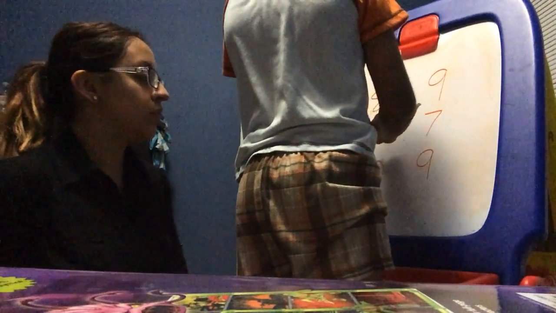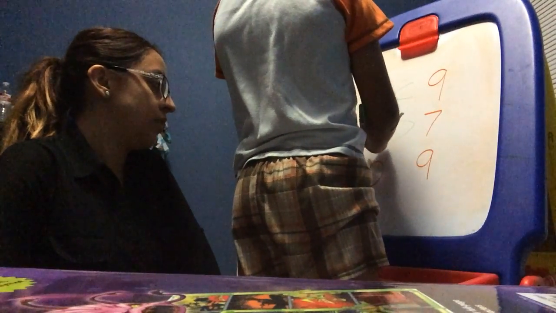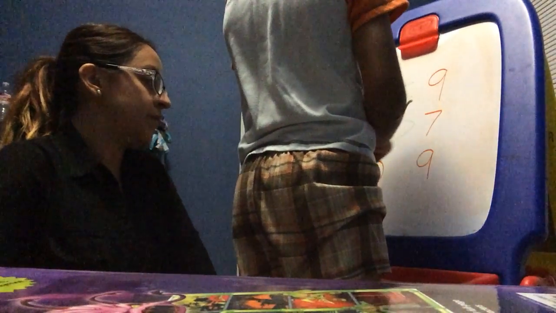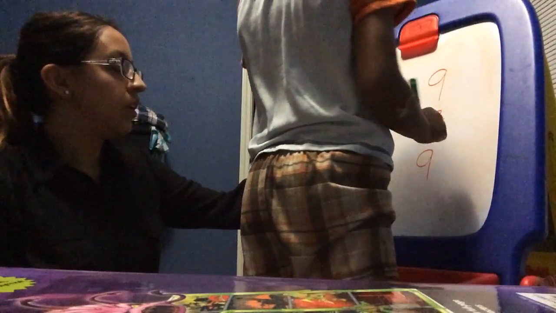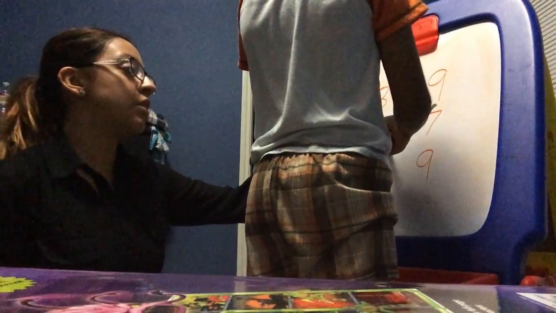Good job. Now do the next one. 3 is less than 7. So why is the crocodile mouth open to there? Because it's considered 3. That's less. Mm-hmm. So the crocodile mouth does not open to the less. It opens to the greater number.